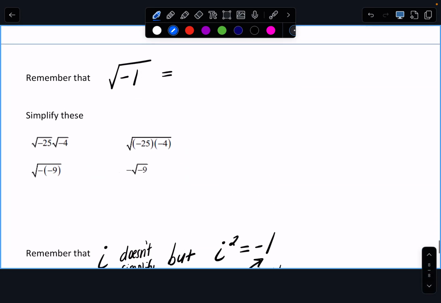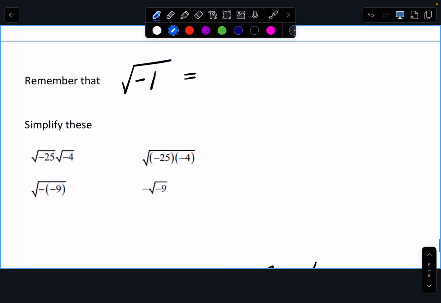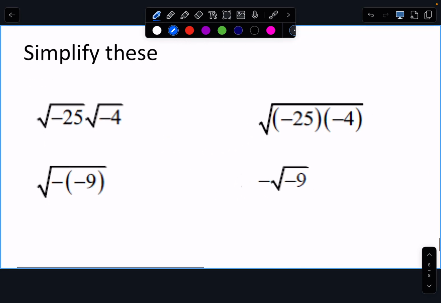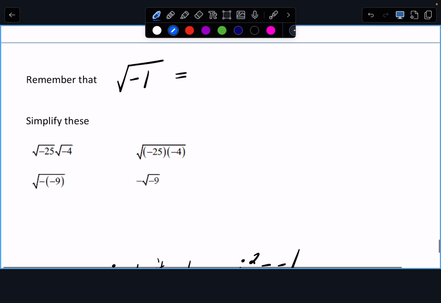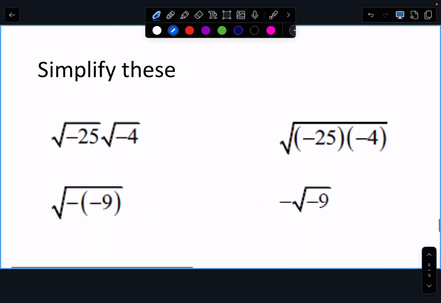Okay, so we are almost finished. We really are. I just want to remind you, if it said simplify these, let me explain something. We know the square root of negative 1 is i. Remember that, okay?